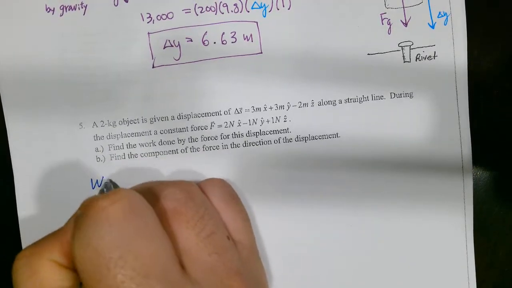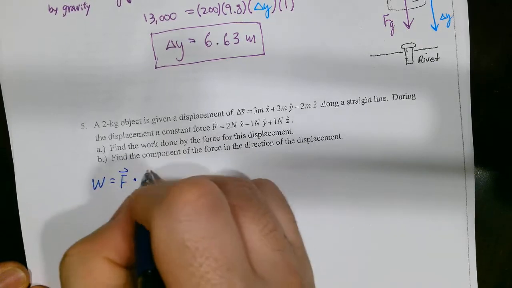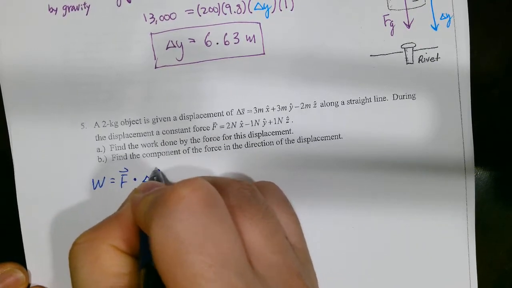All right, so work is equal to F dot delta S in our case, right?